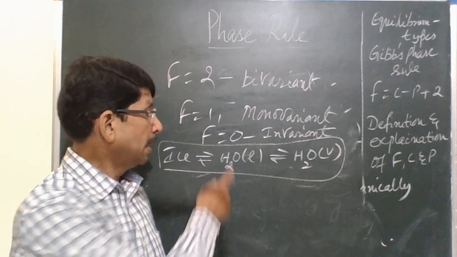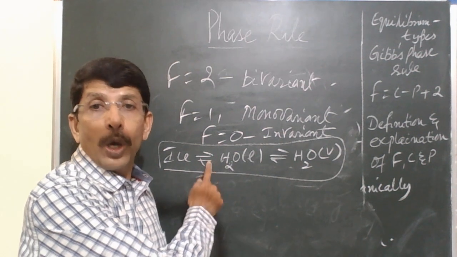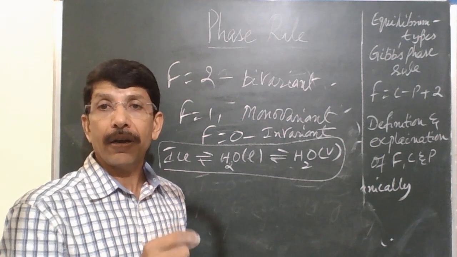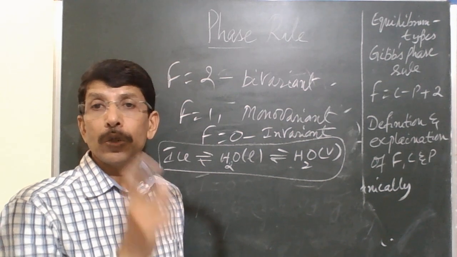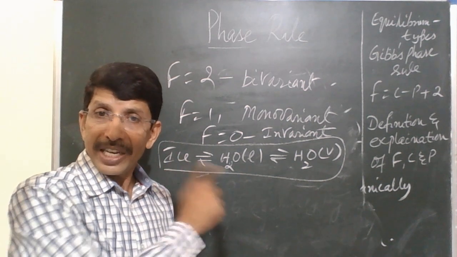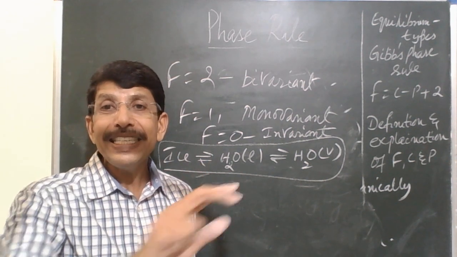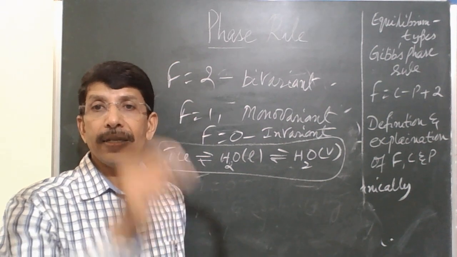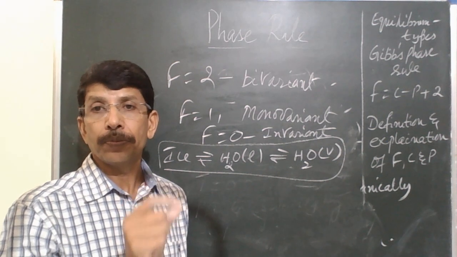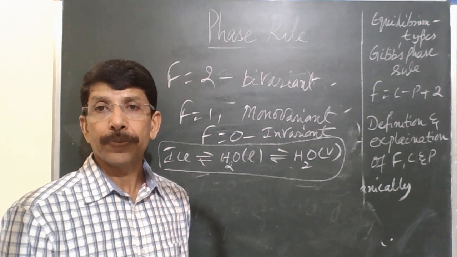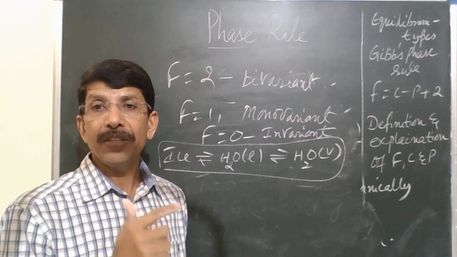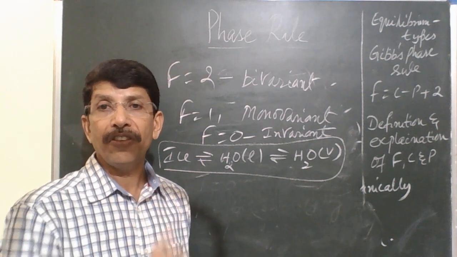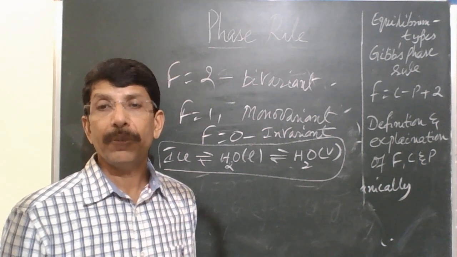I repeat, for this equilibrium where all the three phases of water are in equilibrium, to define the state of this equilibrium, I need not mention either temperature or pressure, because it's fixed. If you change either pressure or temperature, one of the phases will disappear, and only two phases will be in equilibrium.